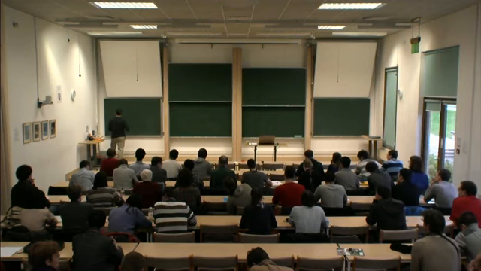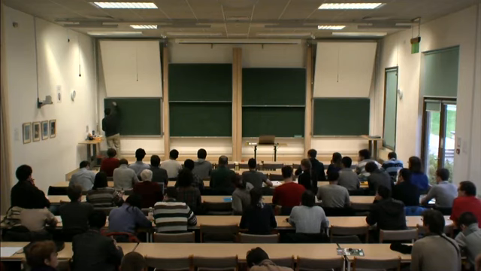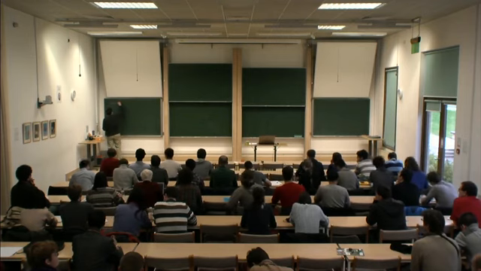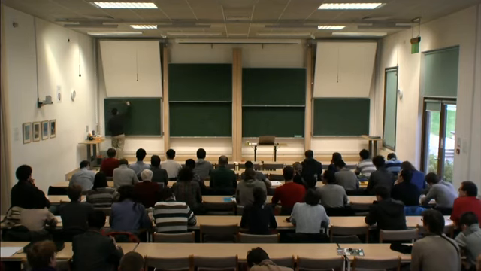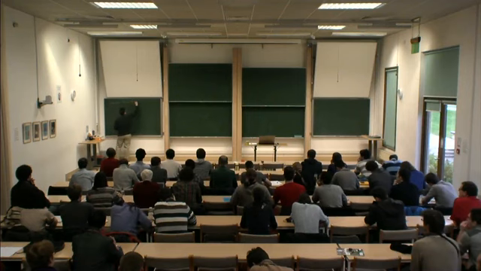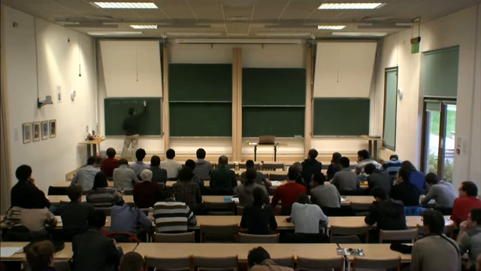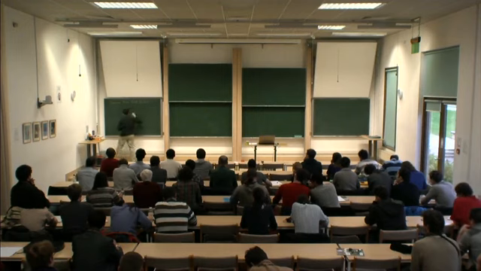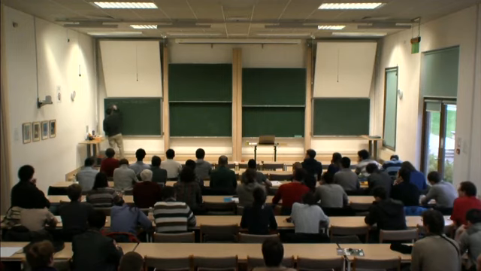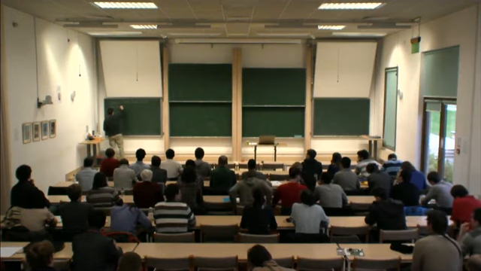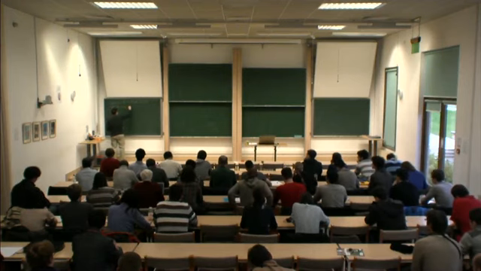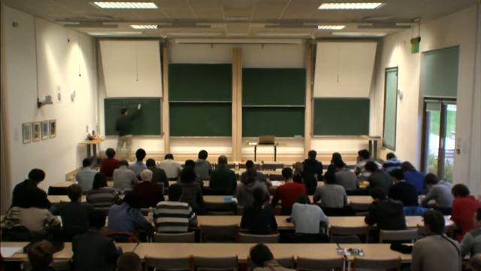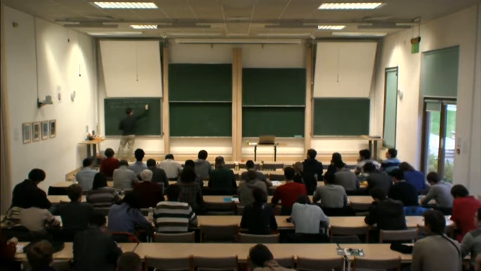Let me begin with just an overview of what we're going to do, what the rough plan is. We're going to begin by talking about what's called the discrete Gaussian free field, which I'm going to abbreviate as DGFF.